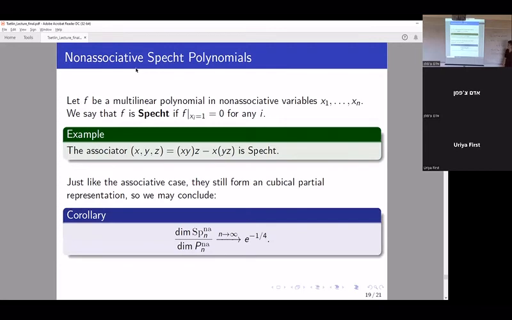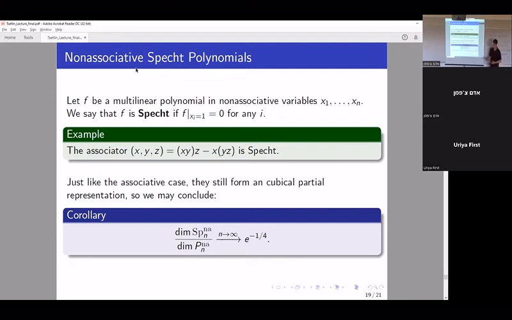So we can write an explicit formula which involves the Catalan numbers, but eventually the dimension of the space of Specht polynomials will go to something like this dimension times e to the minus quarter. Before it was e to the minus 1, but now it's e to the minus quarter because of this Catalan number, which asymptotically is like 4 to the n.